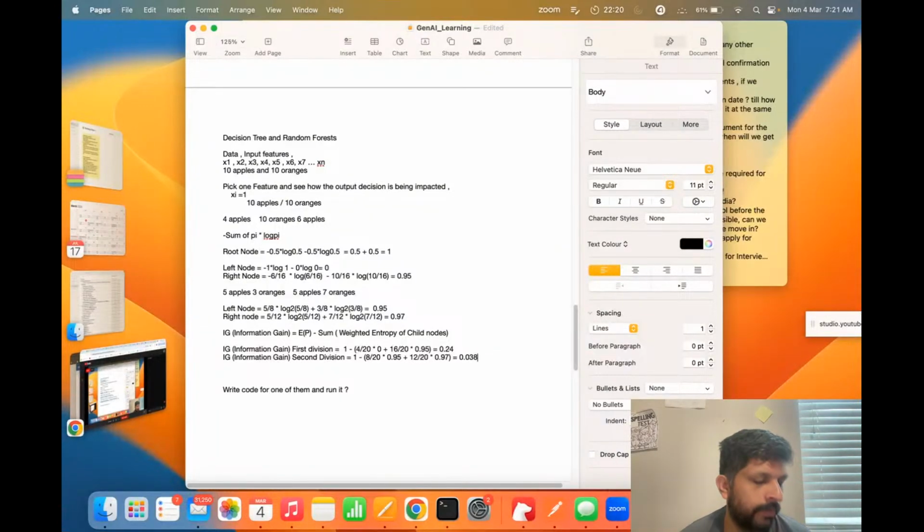Let's say you have 1,000 features, and they might have continuous values, they might have categorical values. Categorical values means where you can classify them. For example, we are trying to predict something, let's say whether somebody had seizures or not.